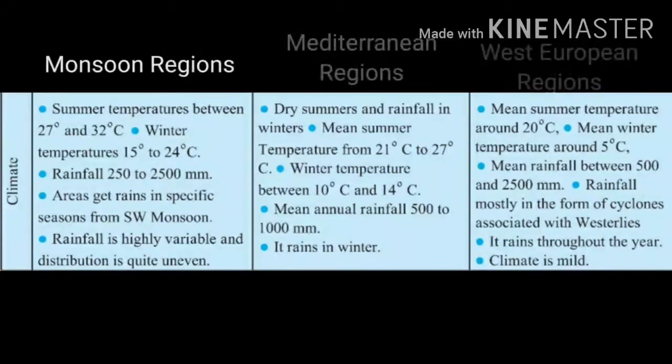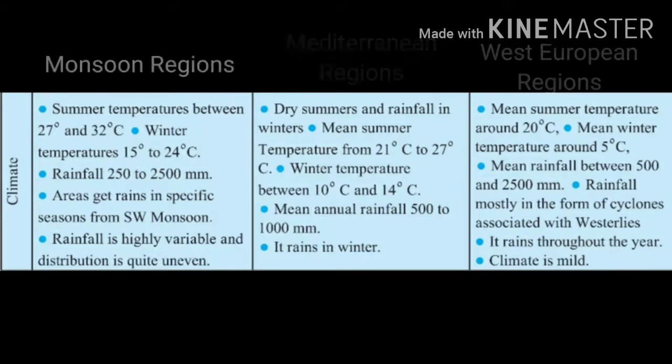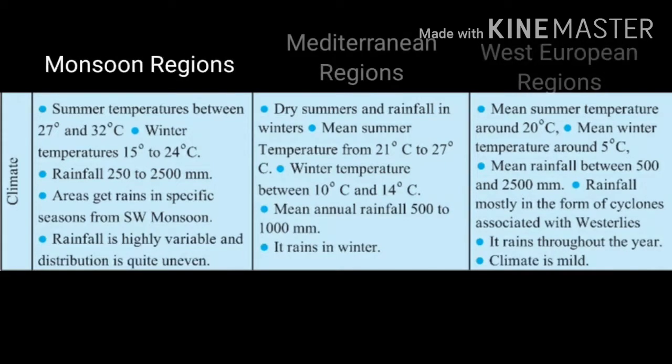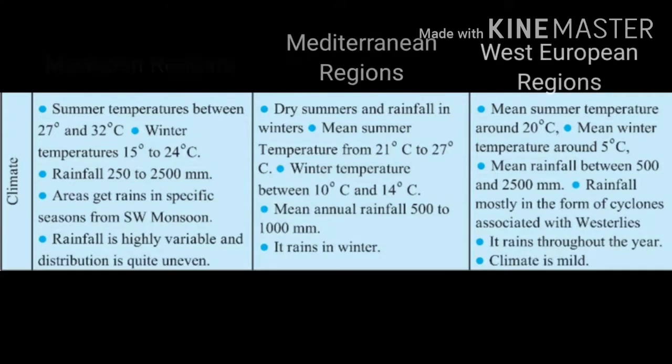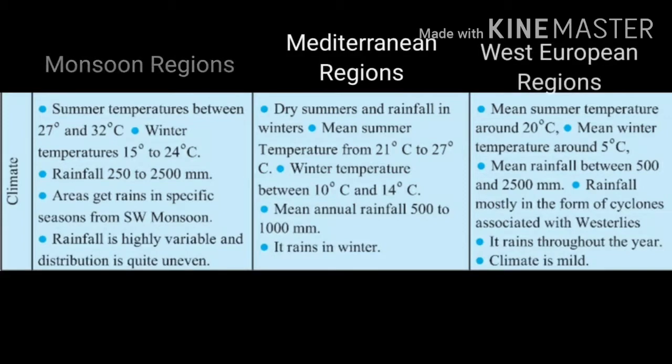Now we will see the climate of these three regions. Starting with the first one, monsoon region. The climate here: summer temperatures between 27 degree and 32 degrees Celsius. Winter temperature 15 degree to 24 degrees Celsius.